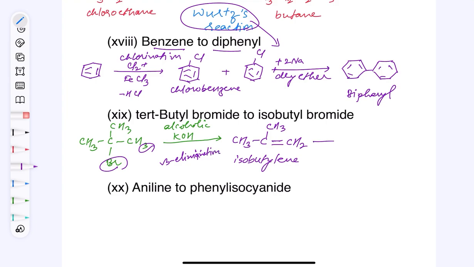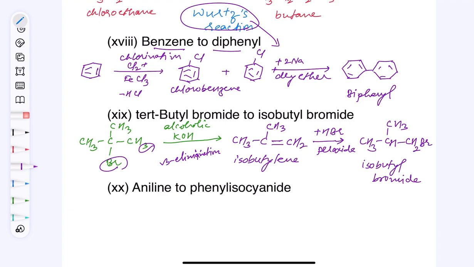Now this isobutylene is then further reacted with HBr in the presence of peroxide. So Br is attaching to the doubly bonded carbon where you have more number of hydrogens attached to it, right? So this will have one hydrogen, and this carbon will have your Br. So this is your isobutyl bromide.